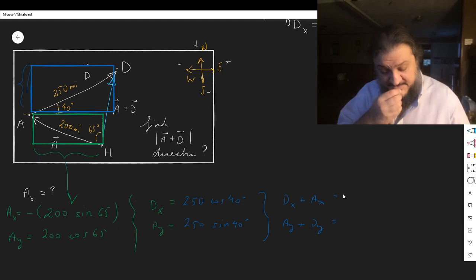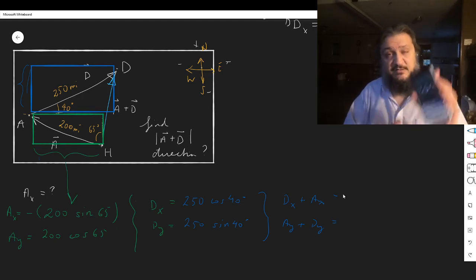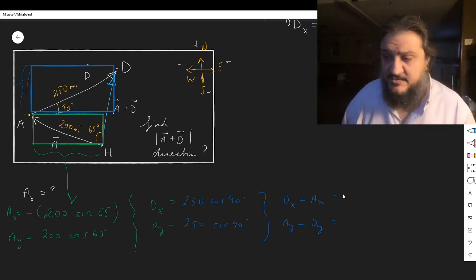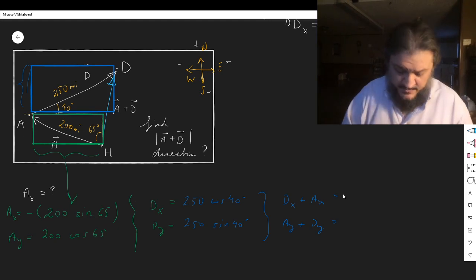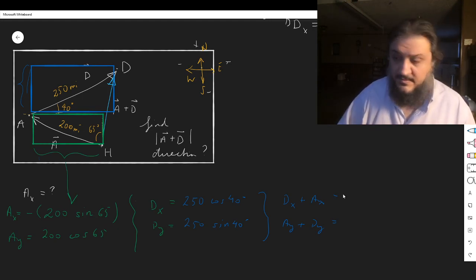So let's find these numbers. Make sure your calculator is set to degrees, not radians. So 250 cosine 40 minus 200 sine 65. That gives you 10.25.